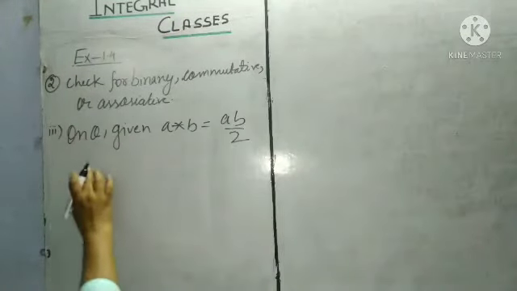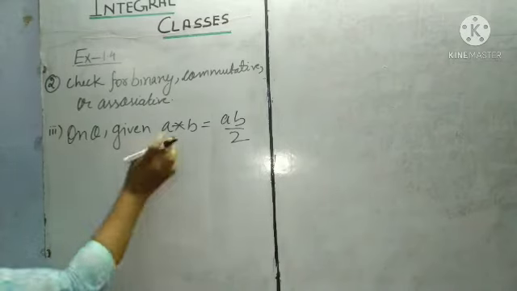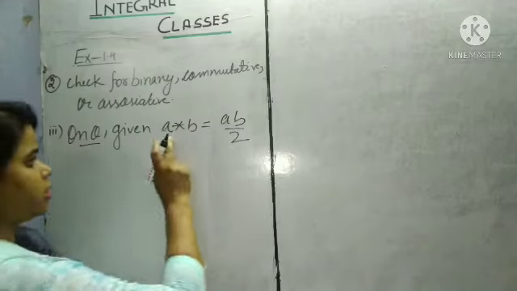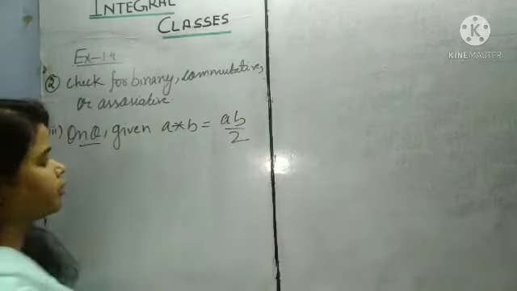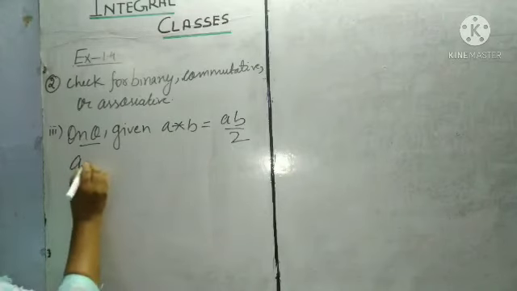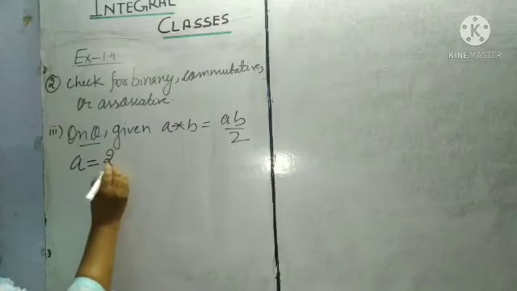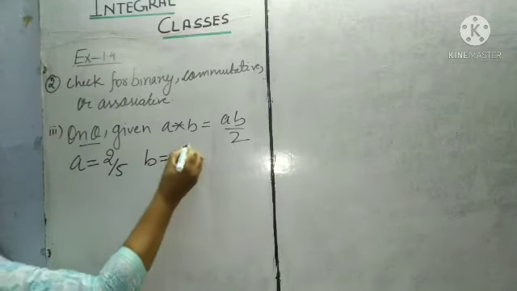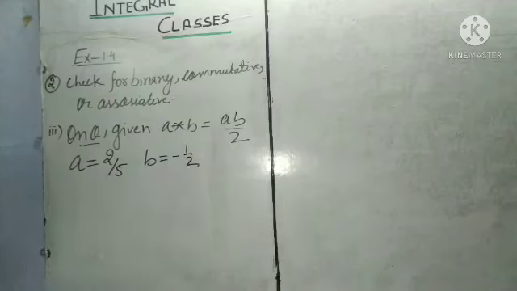Now in question number 3, again a binary operation defined on Q, and the binary operation is A star B equal to AB by 2. First of all we will check again whether it is binary or not. So we consider A equal to 2 upon 5 and B equal to minus 1 by 2.